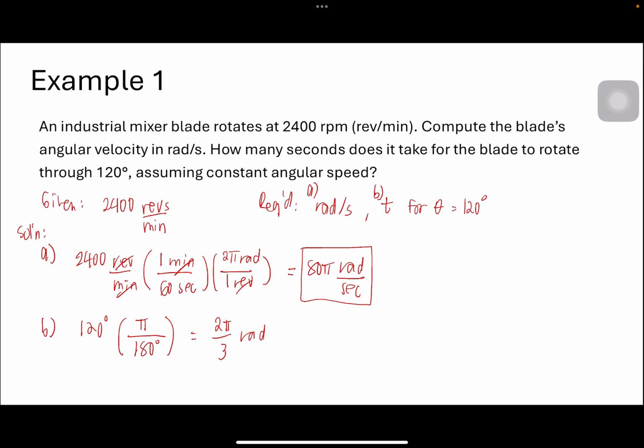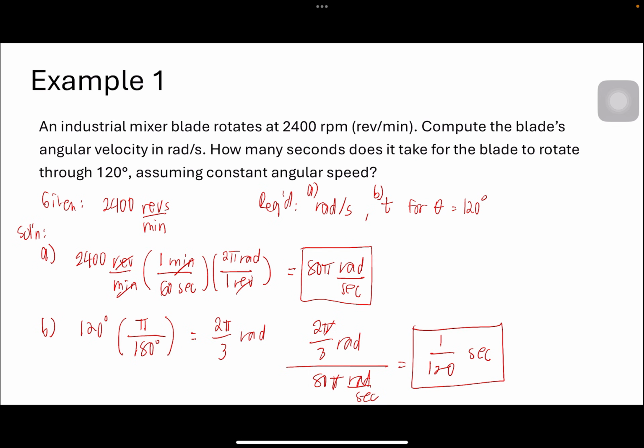So we can just simply divide 2 pi over 3 radians by 80 pi radians per second. That gives you an answer in seconds. So pi will cancel out. Then you'll have 2 over 240 or 1 over 120 seconds. This will be your final answer.